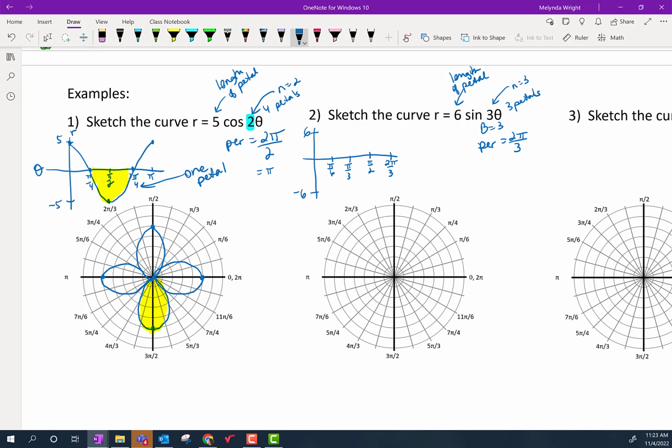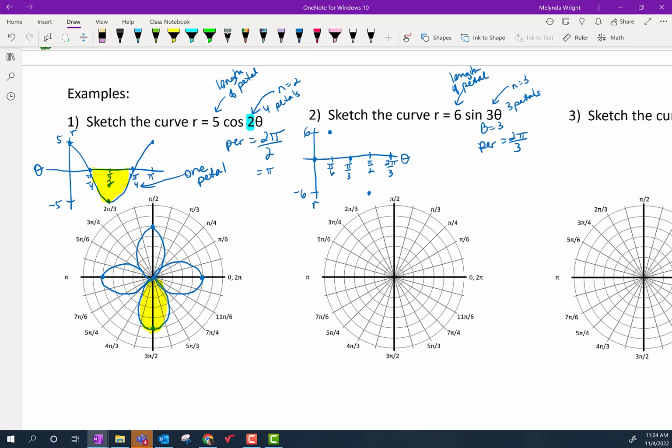And those are my angle measures. Again, that's theta and that's r. Okay, it's sine. So sine starts in its middles, then goes up, then back to the middles, then to its lowest part, the minimum, and then back to the middles.